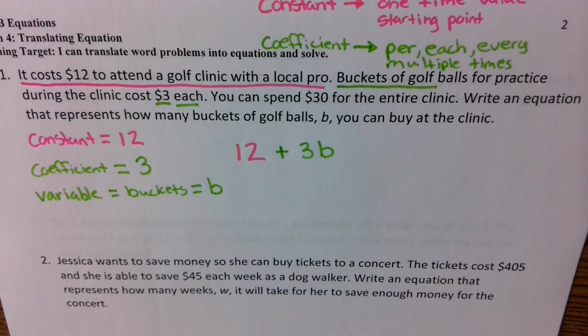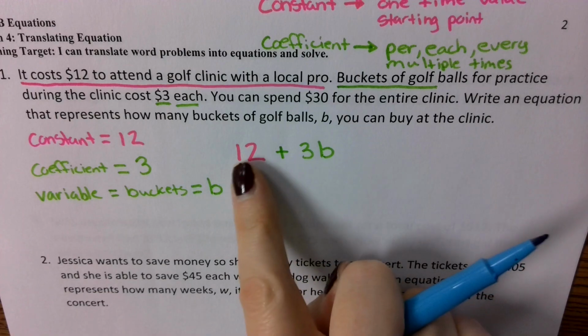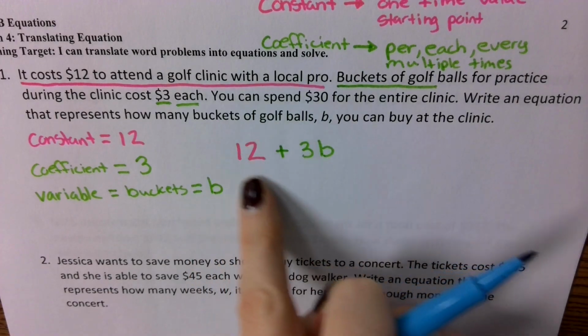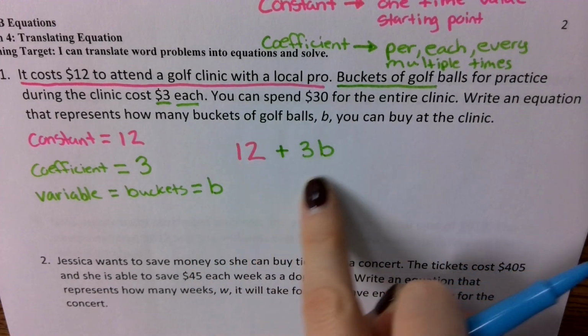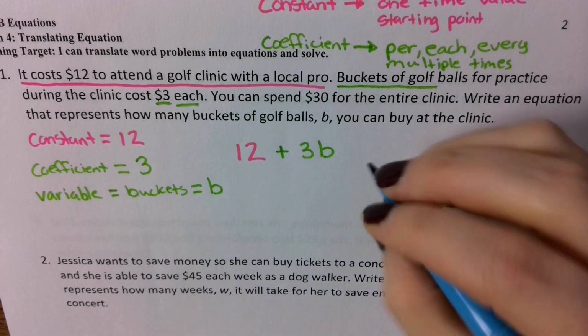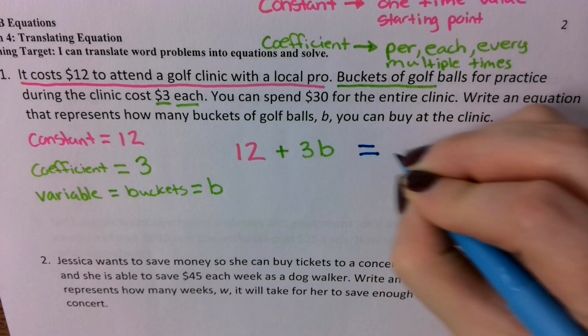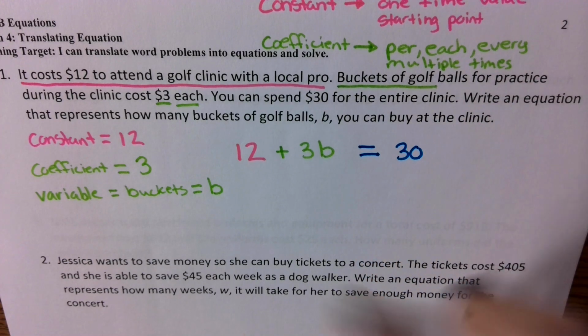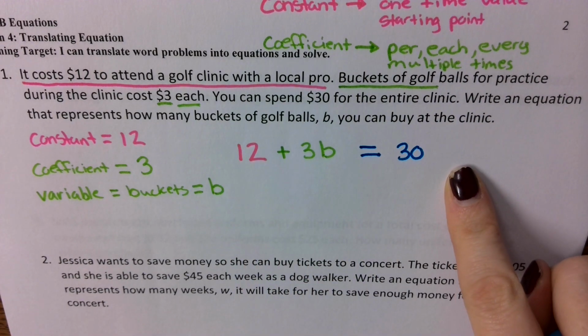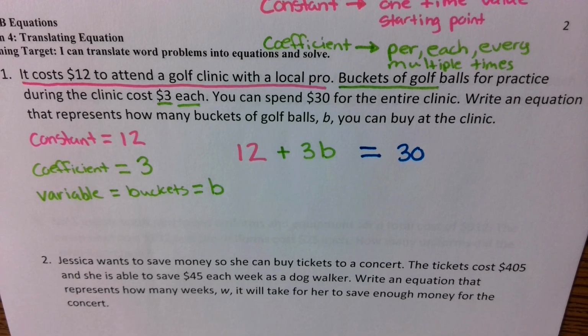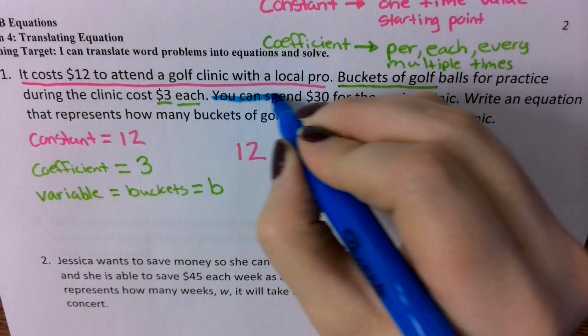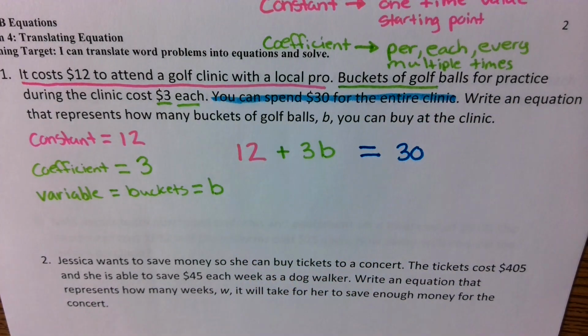Okay, now the last thing that it says is you spend $30. So that means this entire thing that you've done here is going to be equal to $30. That's your total equation, okay? Because this information right here is your end point.